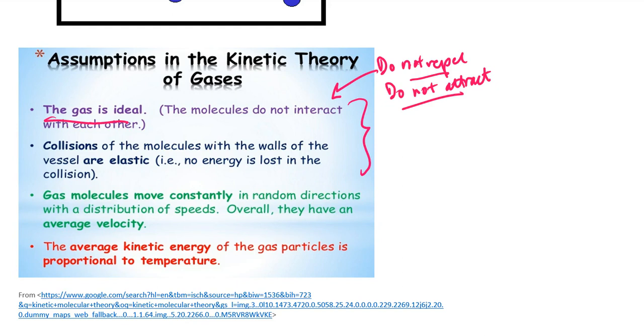And when those particles collide, we're going to assume that those collisions are elastic, meaning that when the collision occurs, there's no energy loss due to heat. Essentially, the energy in equals the energy out for each collision. Now, as we saw in the simulation, basically the particles do move constantly in random directions, not necessarily associated with each other, and some particles will move faster than others, but overall we can take an average velocity, if you will, of all of the particles in the system.